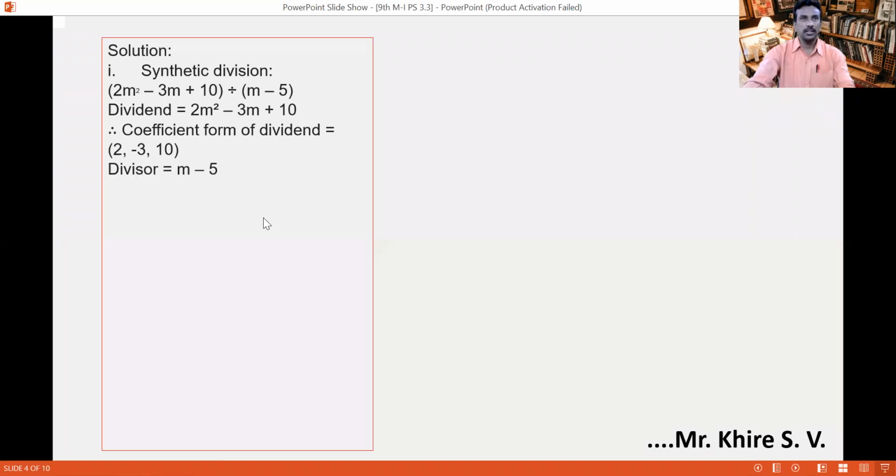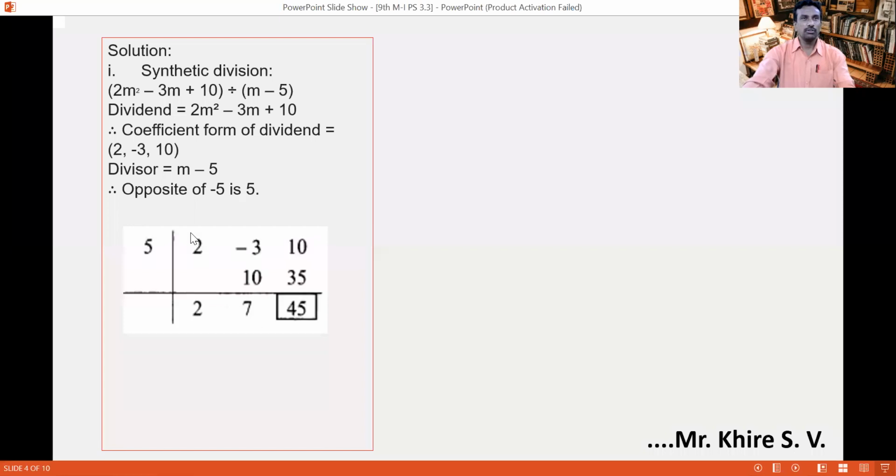The divisor is m minus 5. Now the opposite of minus 5 is plus 5, and therefore we divide the coefficients of the dividend by 5. The coefficient form of the dividend is 2, minus 3, 10.